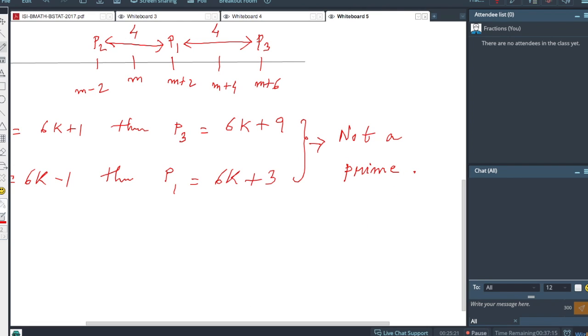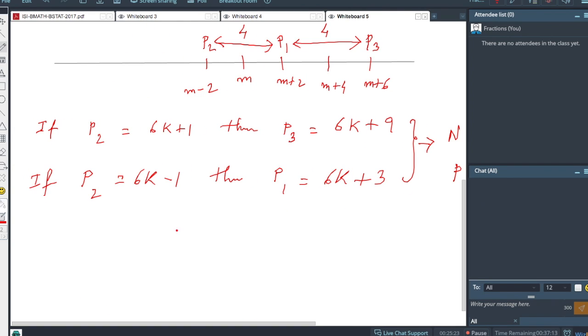And so for case 2, we don't have any solution, so no solution for primes greater than or equal to 5.